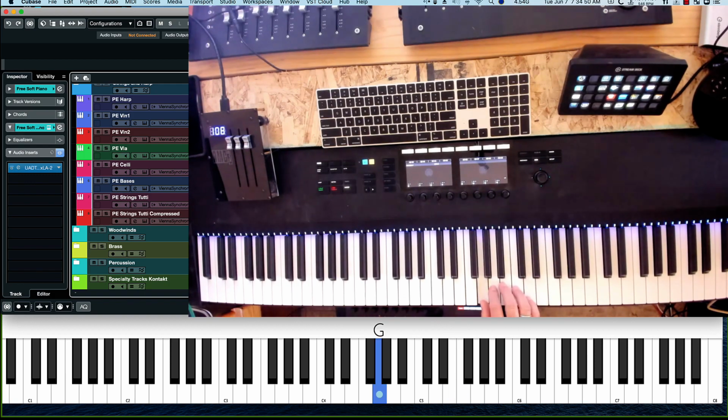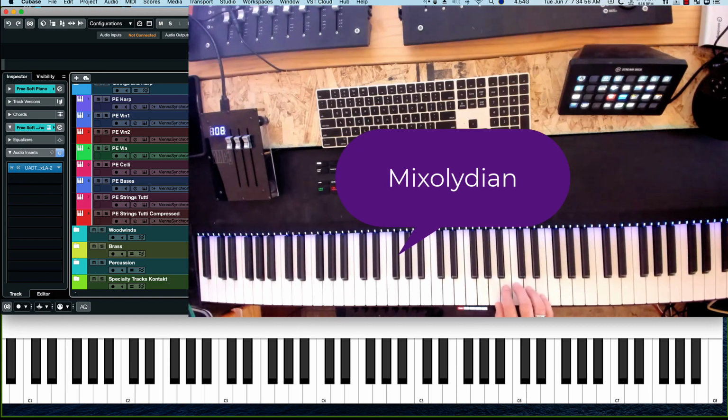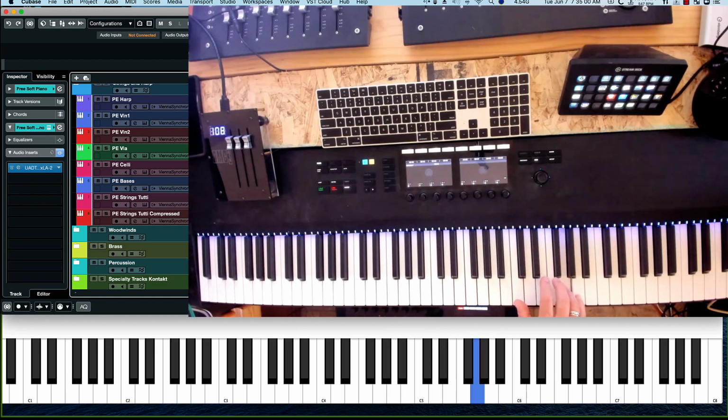And then if I start on G and go up, I get the Mixolydian. And if I start on A, I get the Aeolian mode, which is also the same as the minor scale that we looked at. And if I start on B, I get the Locrian mode.